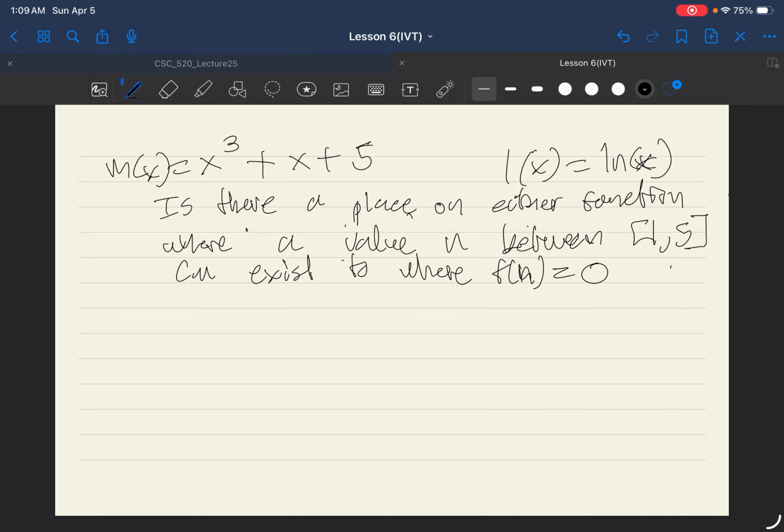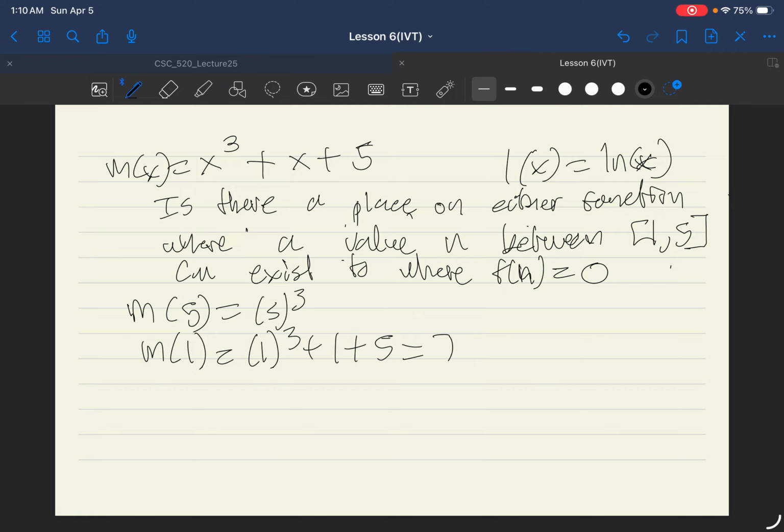I'll do the first one with you. So the first one, what we do is we check m of 5 and m of 1. So we know m of 1 is going to be 1 cubed plus 1 plus 5, and that's obviously going to be equal to 7. And then m of 5 is going to be equal to 5 cubed plus 5 plus 5, which is equal to 125 plus 10, 135.